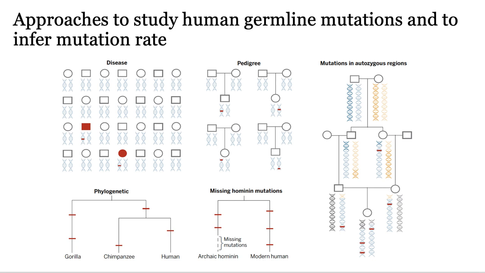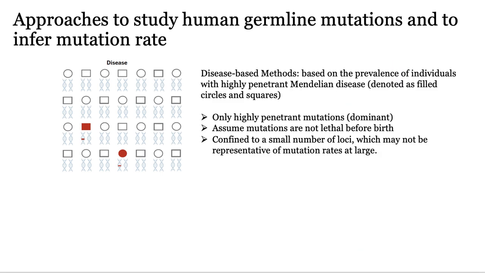The first approach is based on a certain type of genetic disease. For example, if a specific mutation can cause a severe disease, that mutation has to be dominant compared to recessive. For a recessive genetic disease, you need 2 copies of the mutation in order to show the symptom.